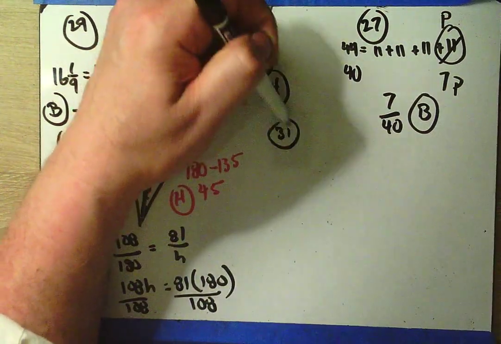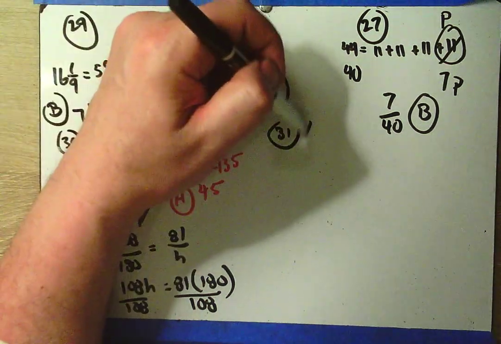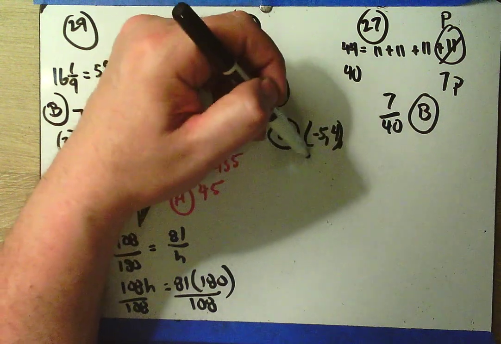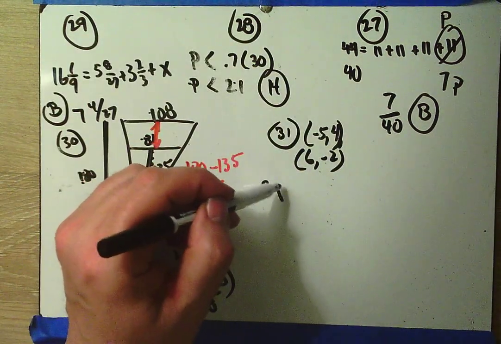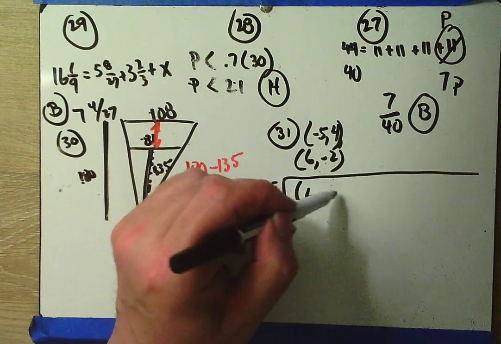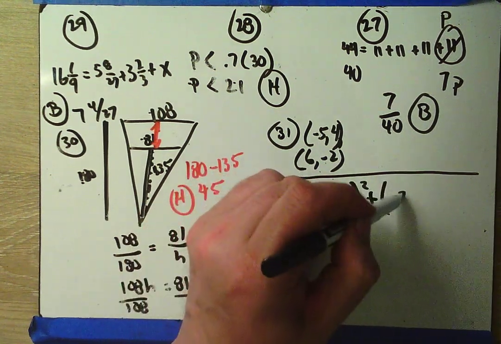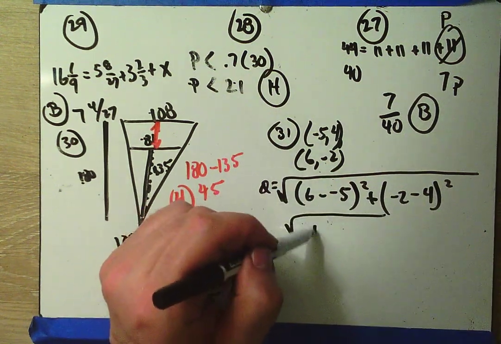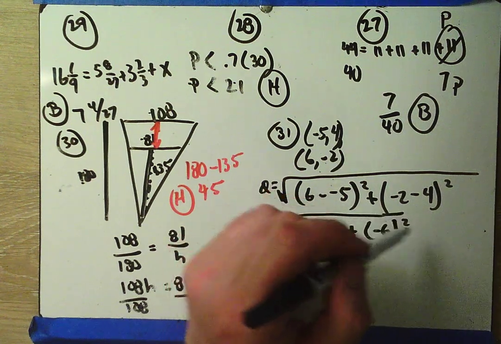31. What is the distance in units between (-5, 4) and (6, -2)? Well, the distance formula says square root of (6 minus -5) squared plus (-2 minus 4) squared, which is 11 squared plus -6 squared.